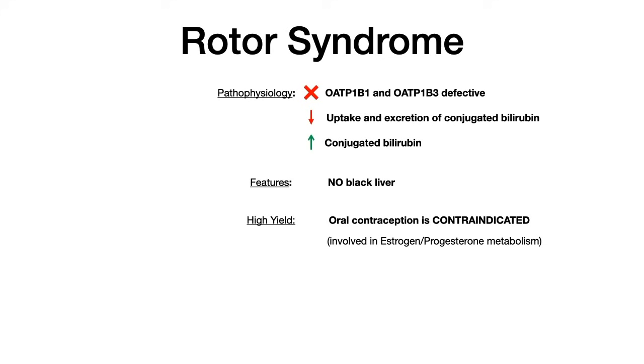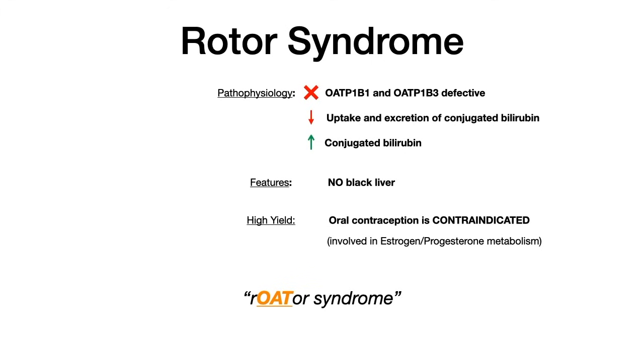Just like in Dubin-Johnson syndrome, in Rotor syndrome, oral contraception is contraindicated, okay? Because OATP1B1 and OATP1B3 are also involved in the metabolism of estrogen and progesterone. So how do you remember this? Well, I say Rotor syndrome, and I replace the O with oat. Rotor syndrome.